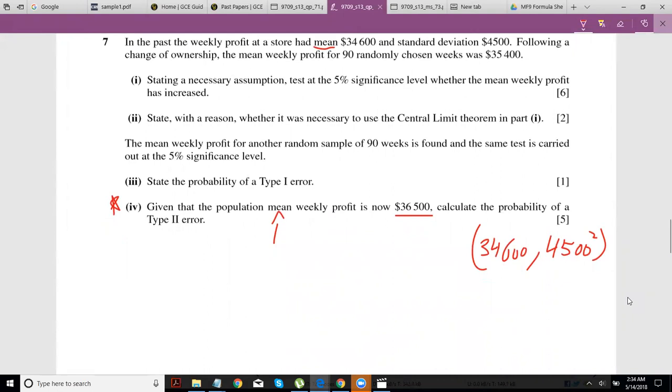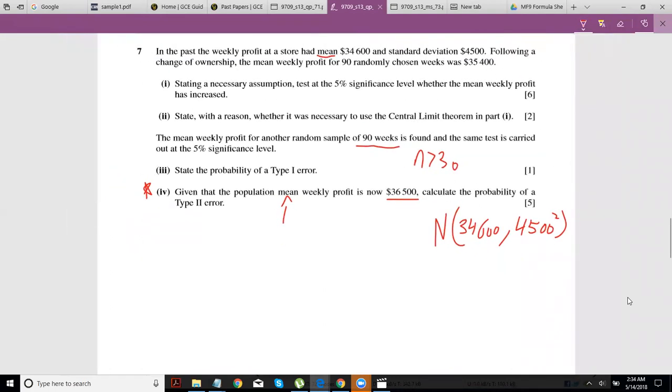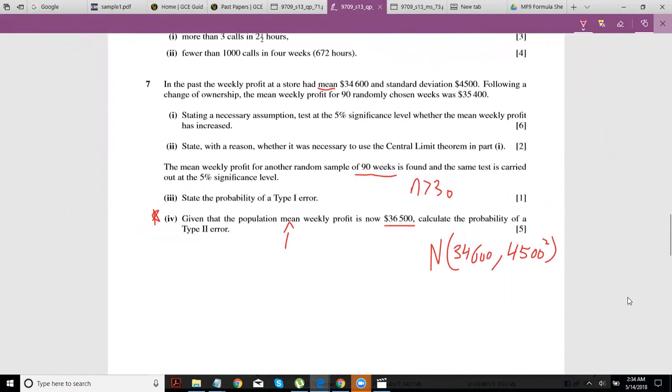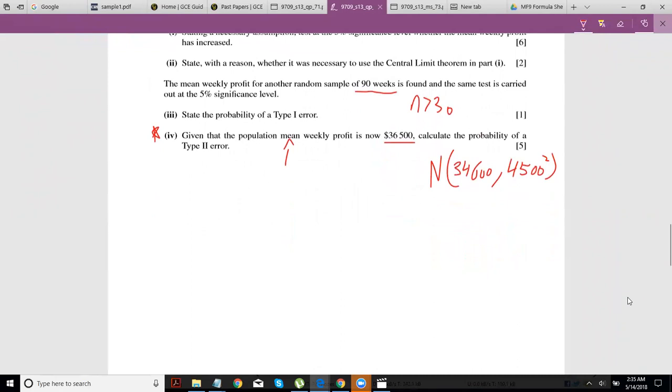We're not given the distribution of your overall population, but since your sample is 90, since n is greater than 30, you can simply approximate your sample mean to be one of a normal distribution as per the central limit theorem. So that's fine. You're given a particular mean and standard deviation, and the test that they're carrying out is whether mean weekly profit has increased.